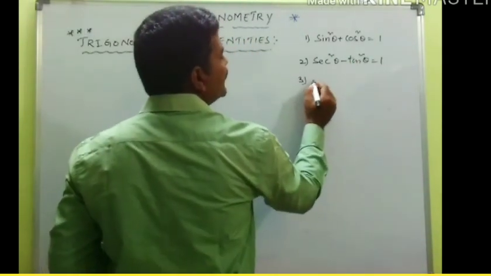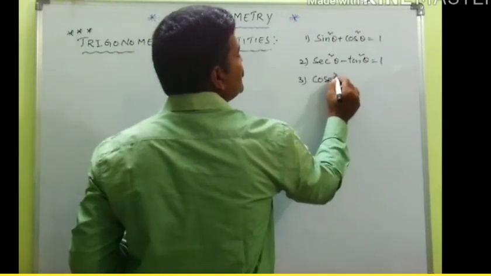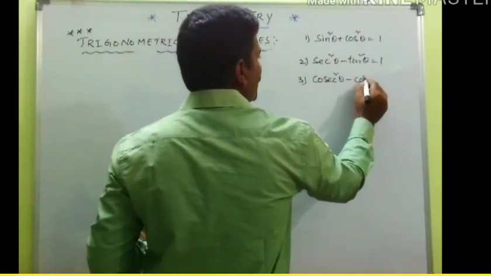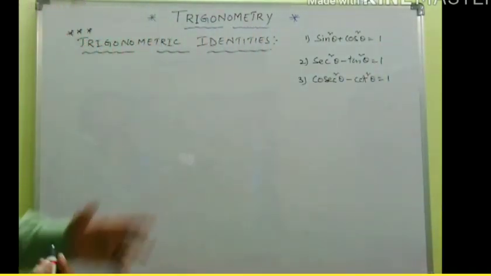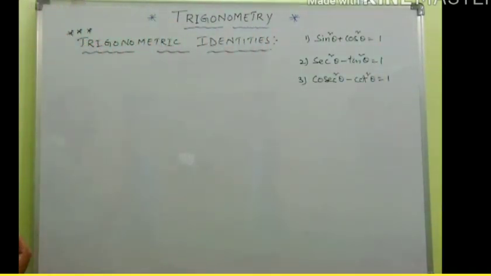And the third identity is cosecant square theta minus cot square theta is equal to 1. So you can replace theta with any value. Finally, sin square plus cos square is always 1, secant square minus tan square is equal to 1, and similarly cosecant square minus cot square is also 1.